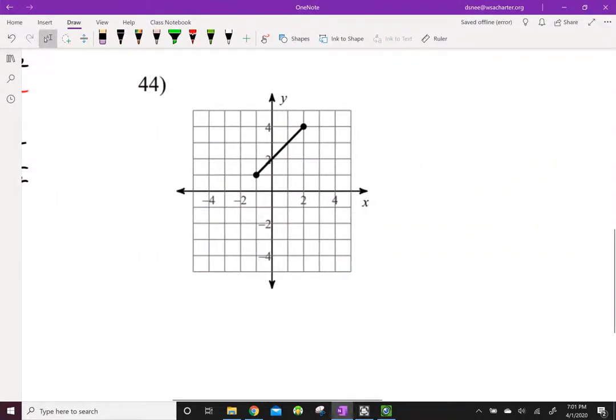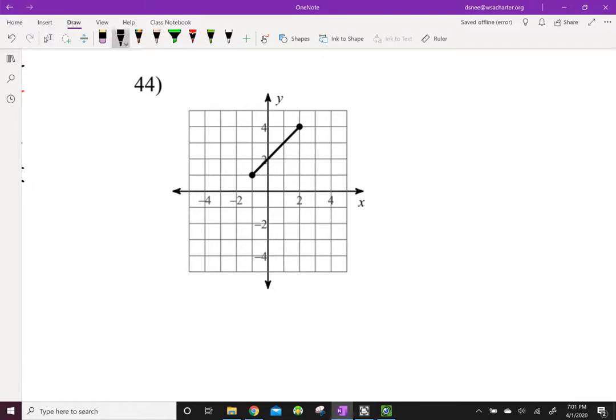You can pause anytime you want. Again, we're trying to find the length of the line between the 2 points. 1, 2, 3 units. 1, 2, 3 units. So 3 equals B, 3 equals A. C is the long side, or the hypotenuse. So 3 squared plus 3 squared equals C squared.